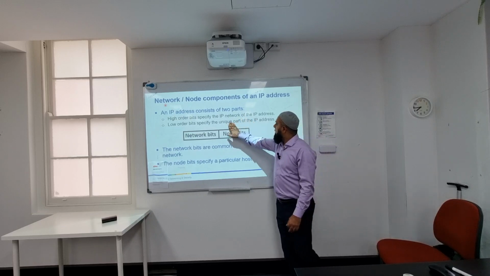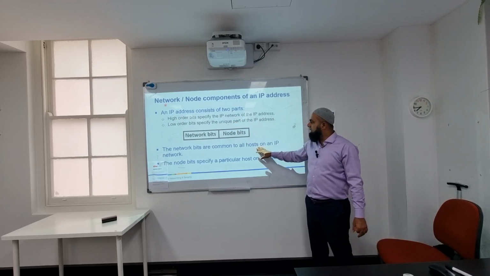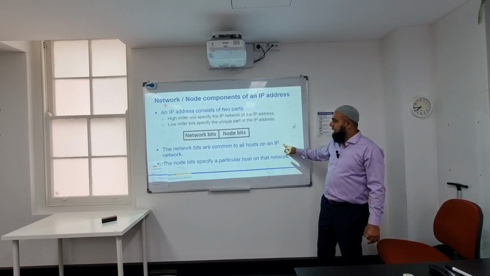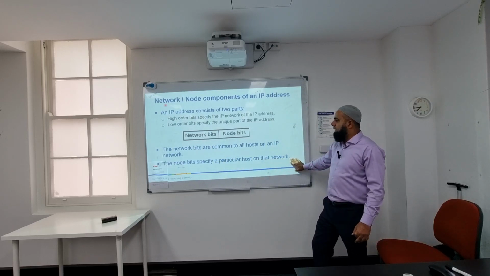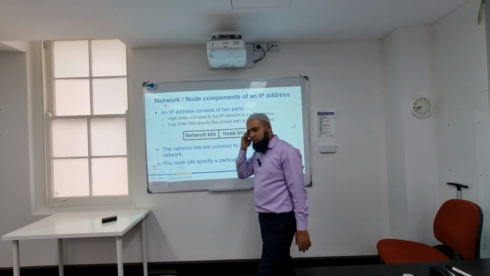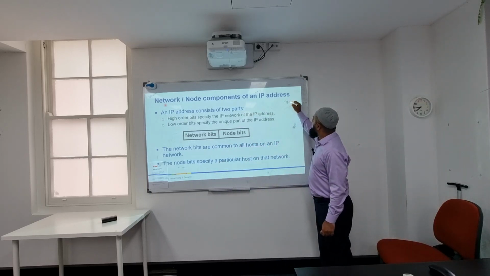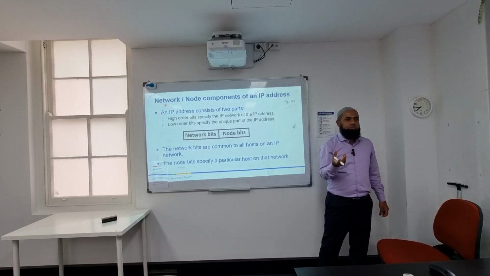So what is going on here is, remember that network bits are common to all hosts on an IP network, and the node bits specify a particular host on that network. Let's assume that 192.168 is my local network ID.